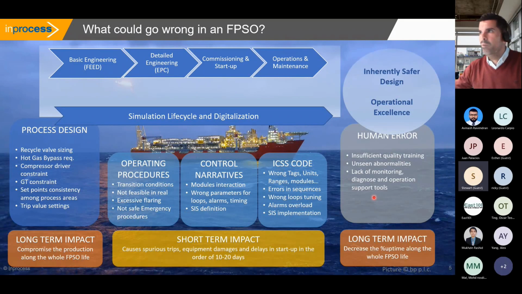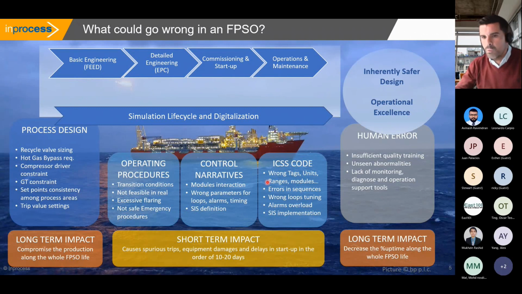And how they impact in the short or long term, depending on when we face this, and how Inprocess and the IS 101 are able to address all these issues along the project execution.